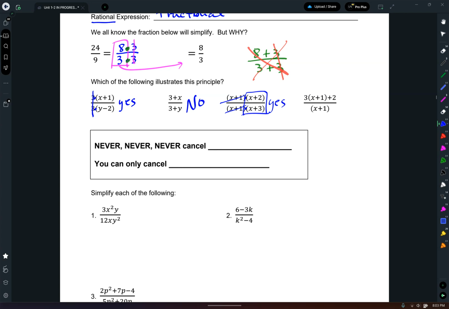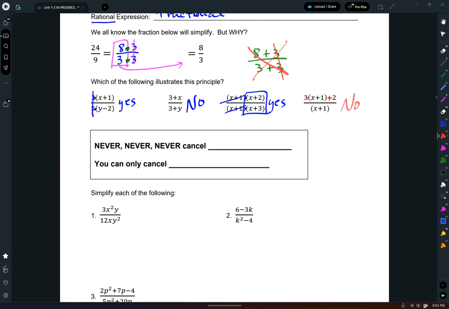And this is probably one of the more common mistakes I see in higher level math. On this one, people automatically see those parentheses being the same and they try to cancel them. But even though the parenthesis is being multiplied by the 3, notice it's being added to the 2. So the numerator is not in factored form because of that plus, which means you cannot cancel those x plus 1's. On this one, it's a big whopping no.